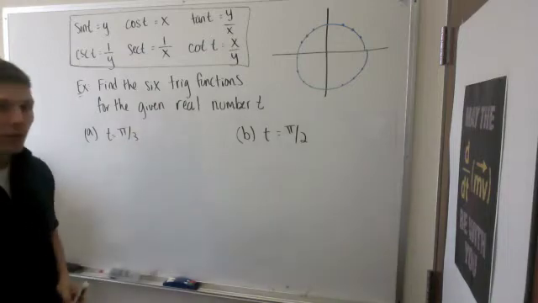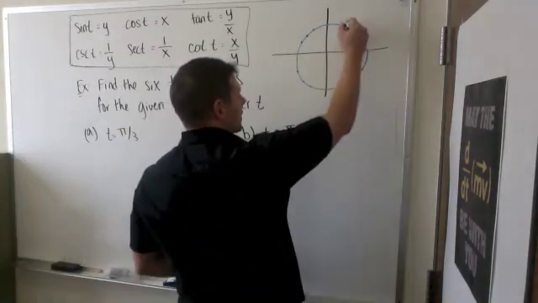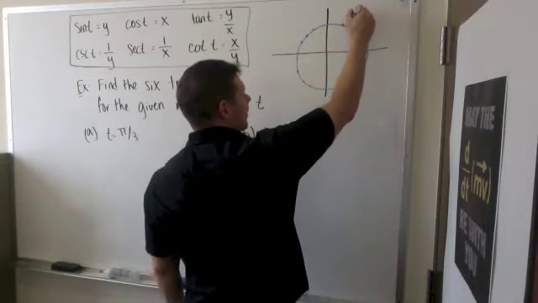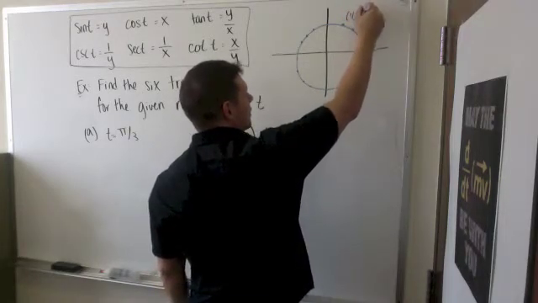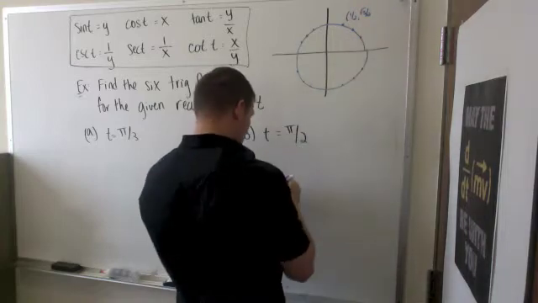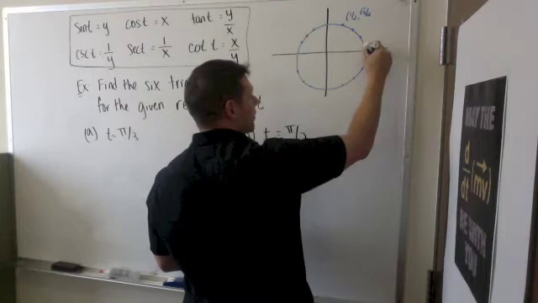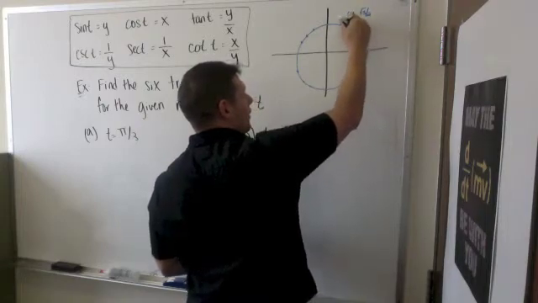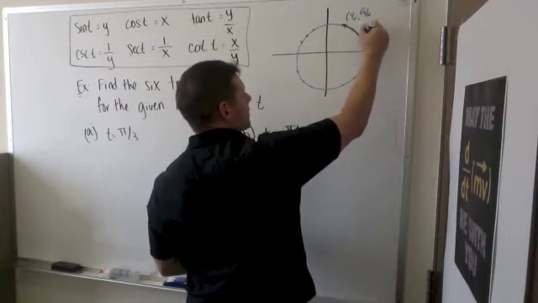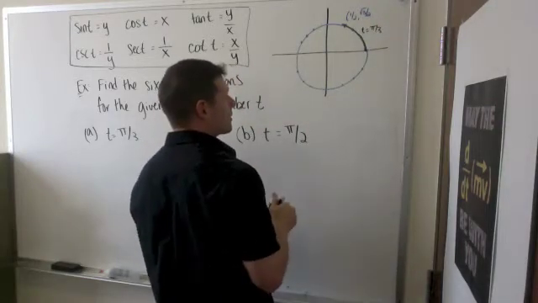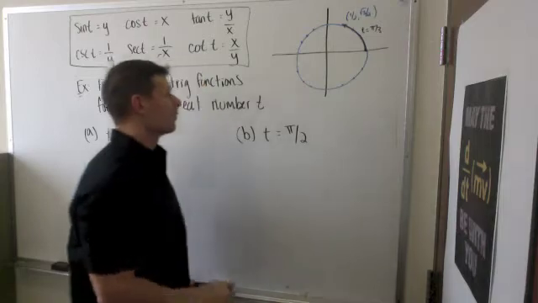The terminal point associated with that value of t gets us to right over here, which is 1/2 comma root 3 over 2, for a t value of length starting at 0, wrapping around pi over 3, that's t equals pi over 3. The terminal point associated with that is the point 1/2 comma root 3 over 2.